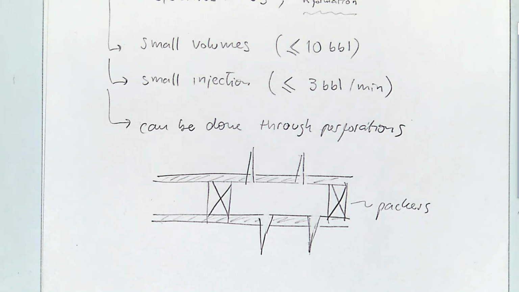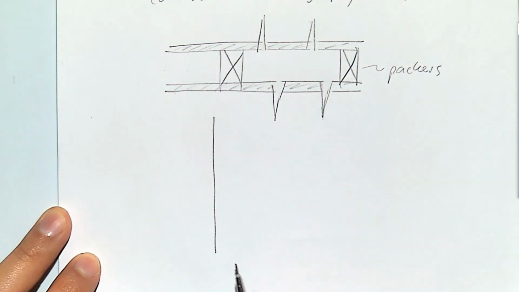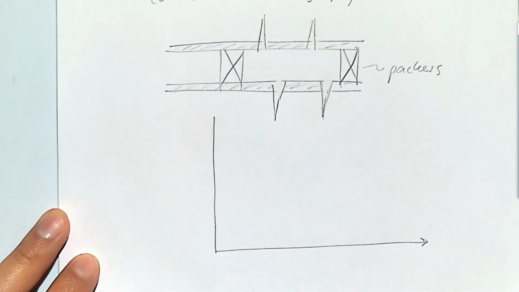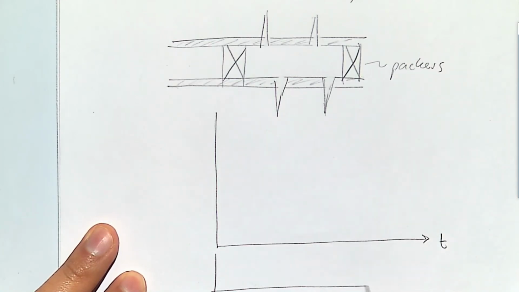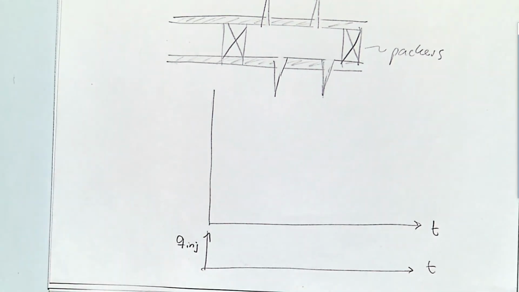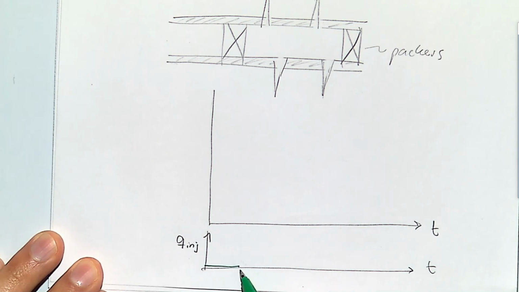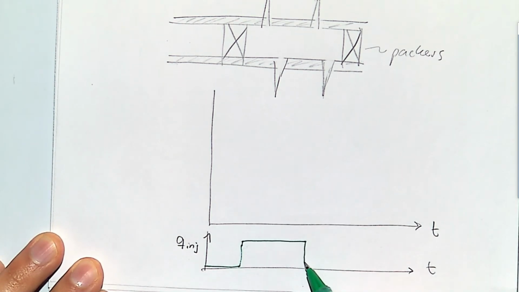place some packers, and then you can run this test as well. And the signature is very similar to the one of the leak-off test, in which, as a function of time, and again, if you have a given injection rate, sometimes you will increase that injection rate, keep it constant for some time, and then stop.